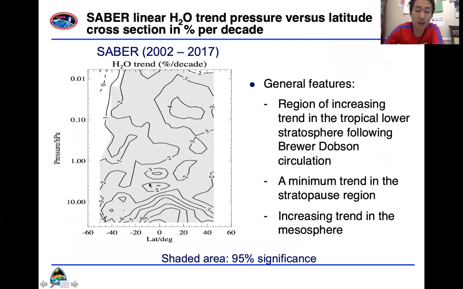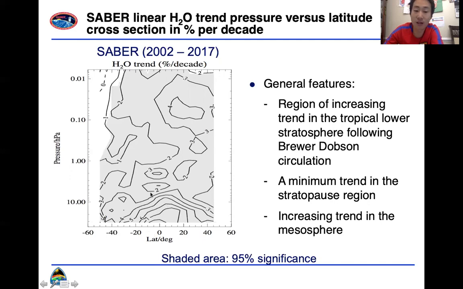And this is a more detailed water vapor trend observed by SABER. There are some general features. You can see a strong increasing region in the tropical lower stratosphere.